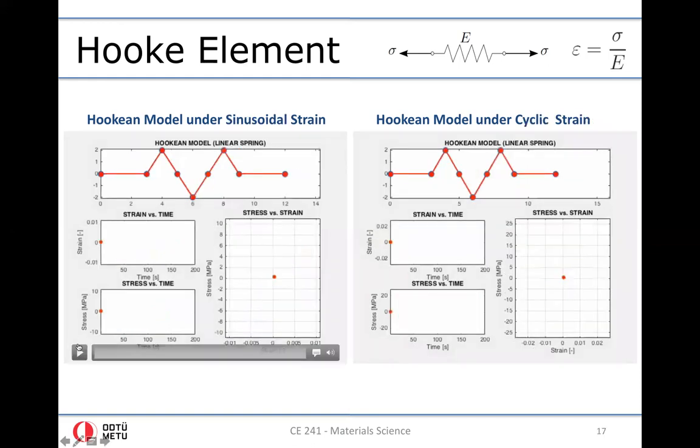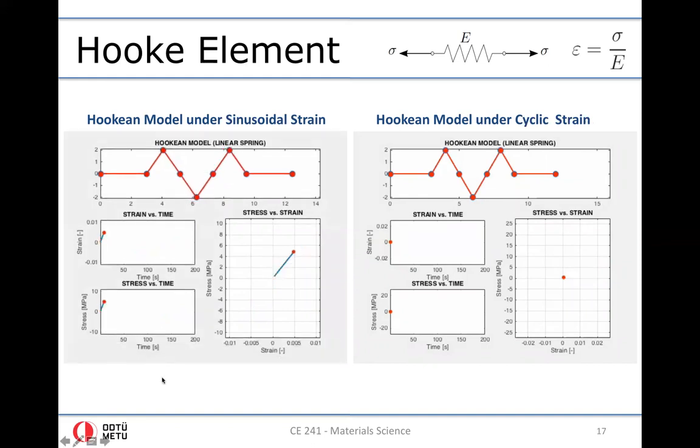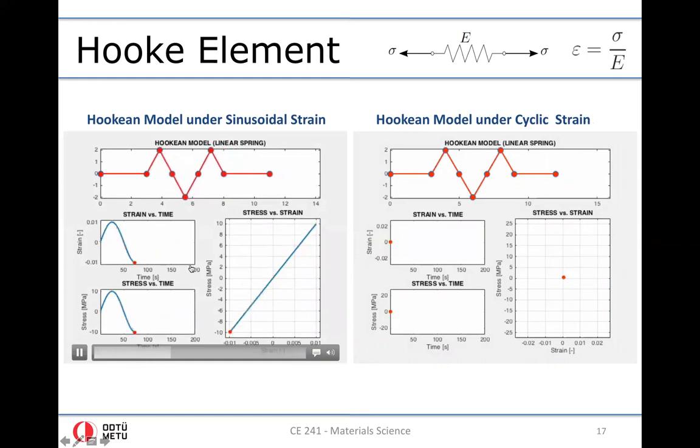So what happens when you subject the Hookean model to sinusoidal loading? Strain is prescribed as a function of sine, okay? And you see the stress strain curve. Stress essentially follows the strain without any phase lag. Therefore, we don't observe any dissipation, any hysteresis.